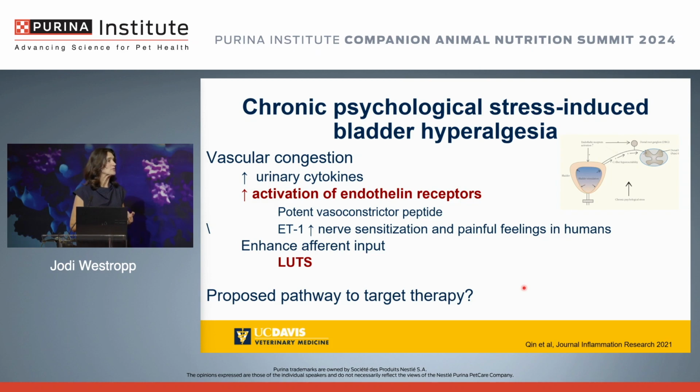Now, these receptors are very potent vasoconstrictor peptides. And what happens is these receptors will sensitize the nerves and, again, maybe contribute to the painful feelings that humans perceive in this disease. And this enhanced afferent output contributes to the lower urinary tract signs that are present. Now, this, they propose, could be a target for therapy.